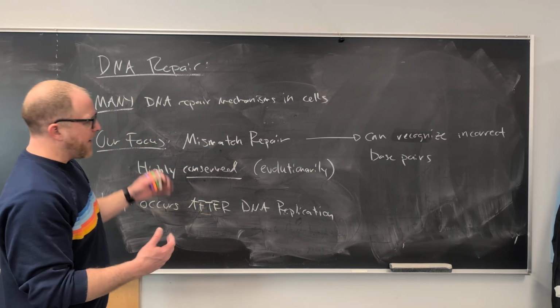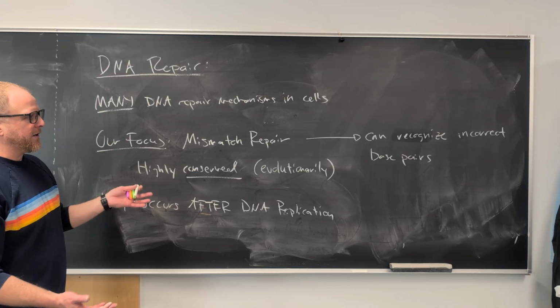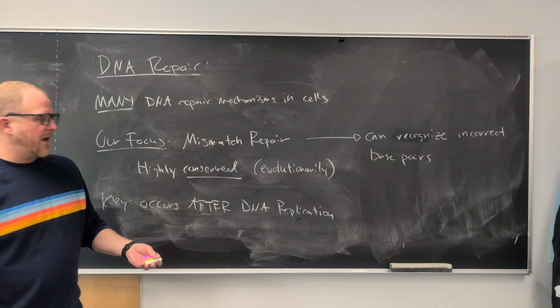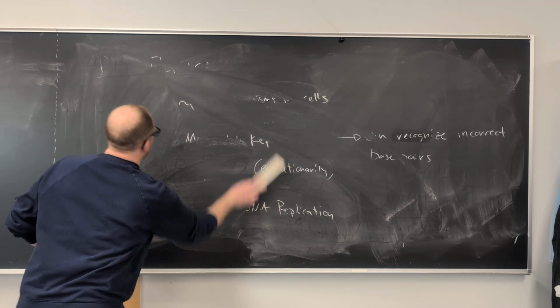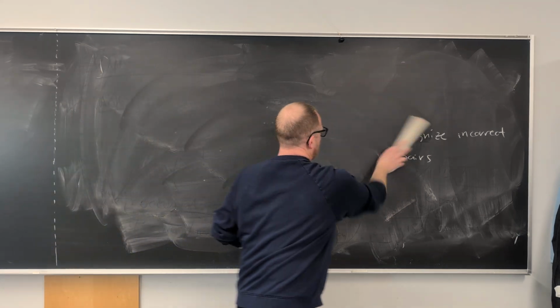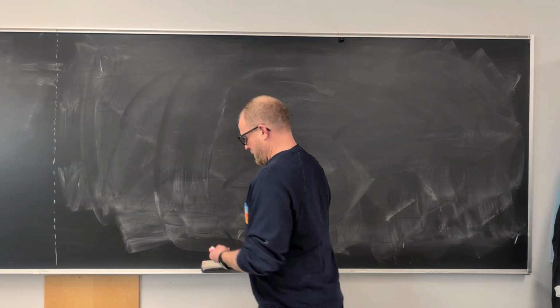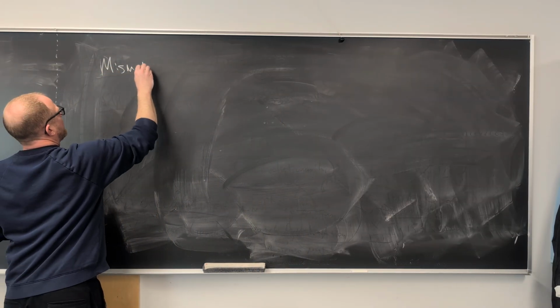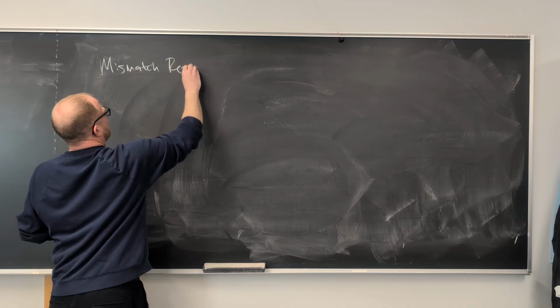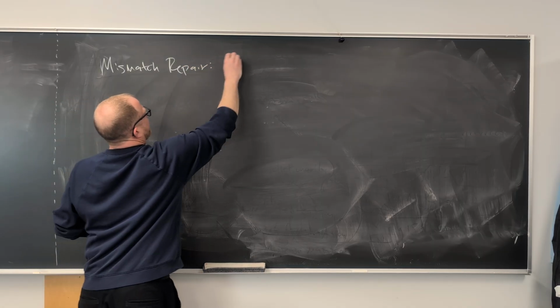As I mentioned, this mechanism is best understood in bacteria. So let's go ahead and walk through that mechanism in bacteria. All right, so this is mismatch repair in bacteria.